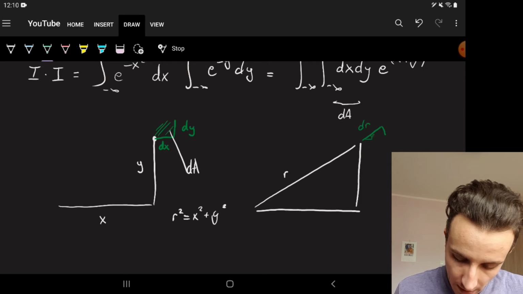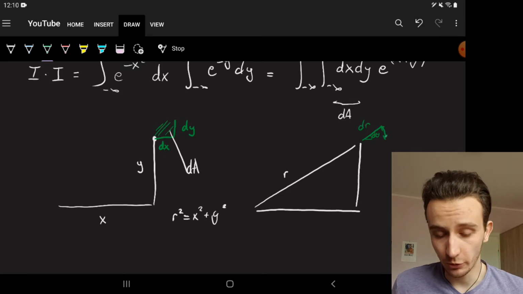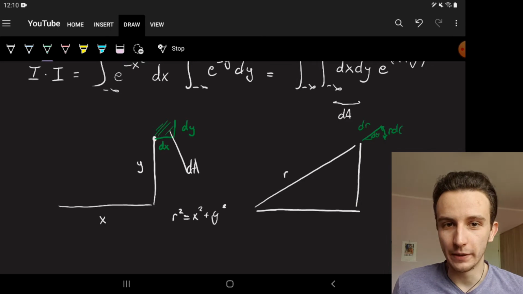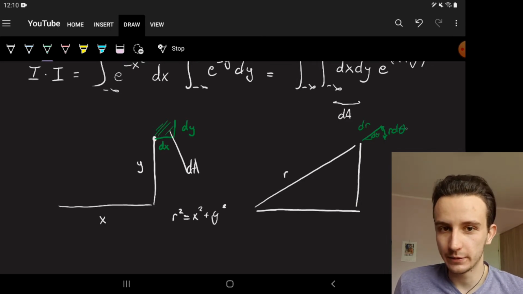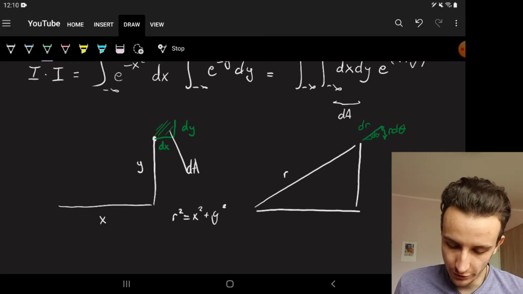This is d theta. Now this arc length over here that we're going to cover, it's actually going to be proportional to r d theta, right? Technically, it would be r plus dr times d theta, but that's a second order change, which would, in the limit, become 0.